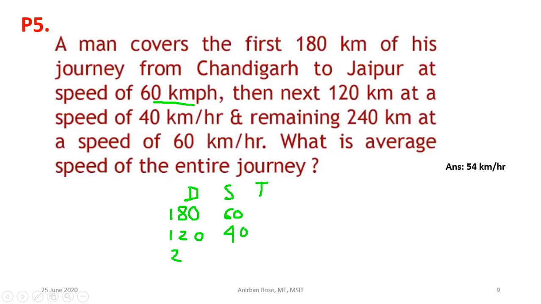For the next 240, it is moving at 60 km per hour. Let's simply find out what the times are. Okay, so find out the total time, and find out the total distance traveled. So simply divide distance by total time, and you will get this one.